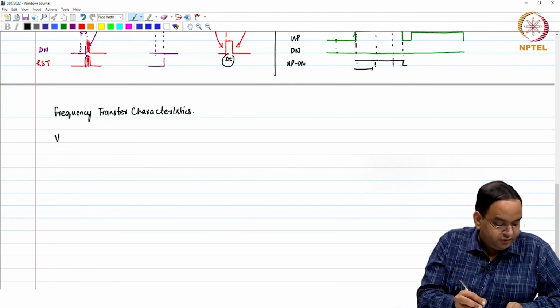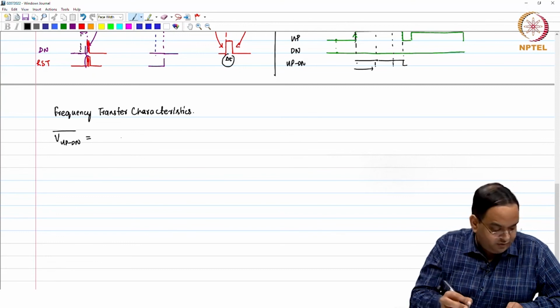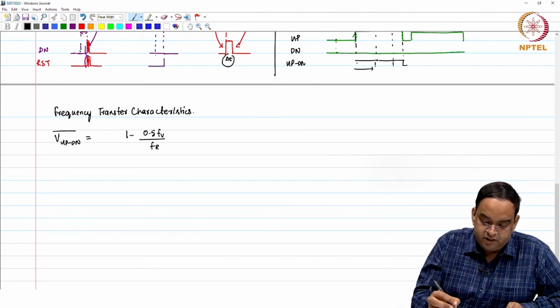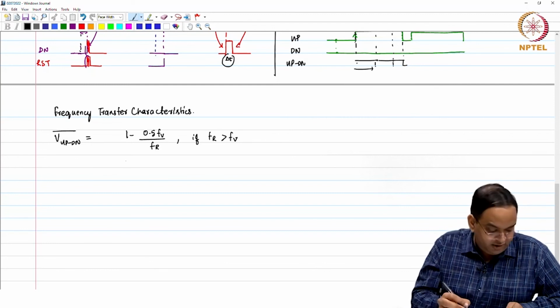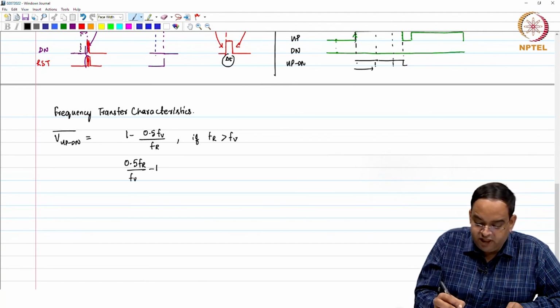So, the average value of up minus down is equal to 1 minus 0.5 times FV by FR if FR is greater than FV, and the other one is 0.5 times FR by FV minus 1 if FV is greater than FR.